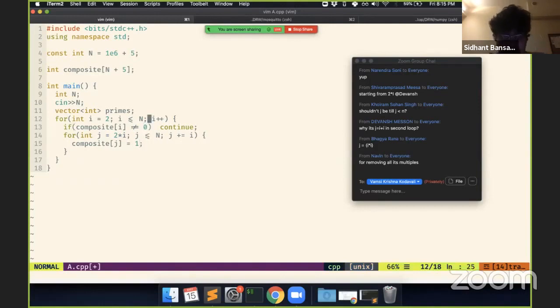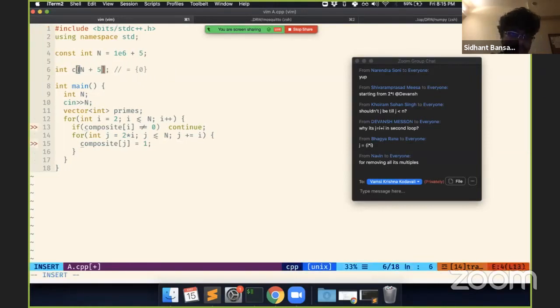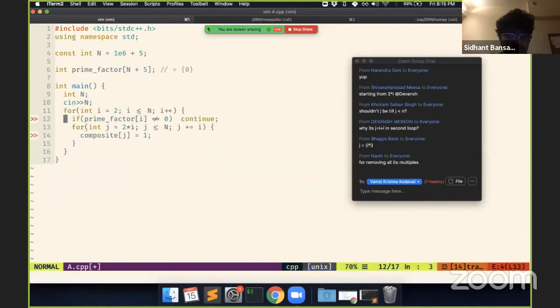Otherwise, it's still 0, since this gets initialized to 0. Let's rename this to something more suitable: prime factor. Otherwise, there's just a slight change. That's the main change.